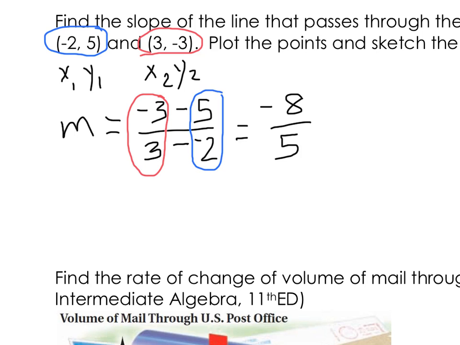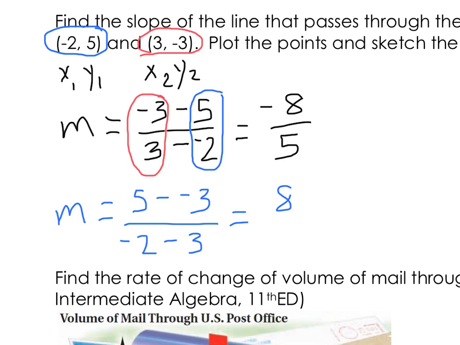I just want to demonstrate that we could have done it a different way. If we had chosen for our blue point to be the first point and our red one to be the second one, we could have said 5 minus -3 over -2 minus 3. Suppose we had chosen the points the other way.